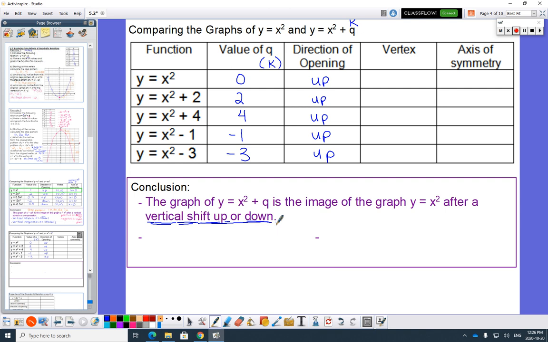If you're moving vertically, what's the vertical axis? Y, good. So that is going to affect the Y value of the vertex.